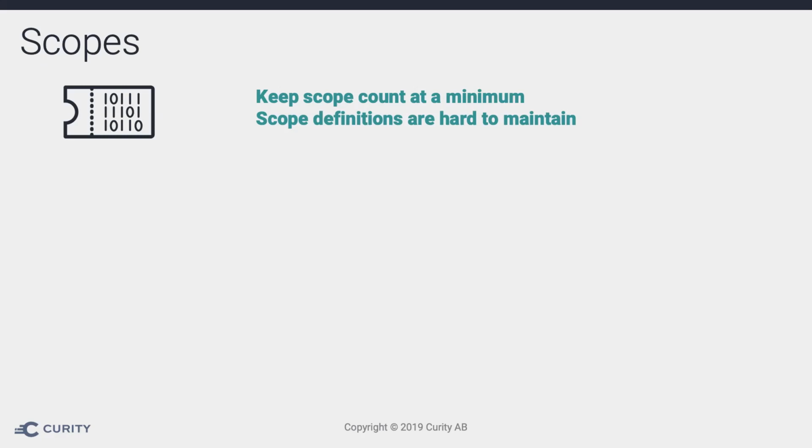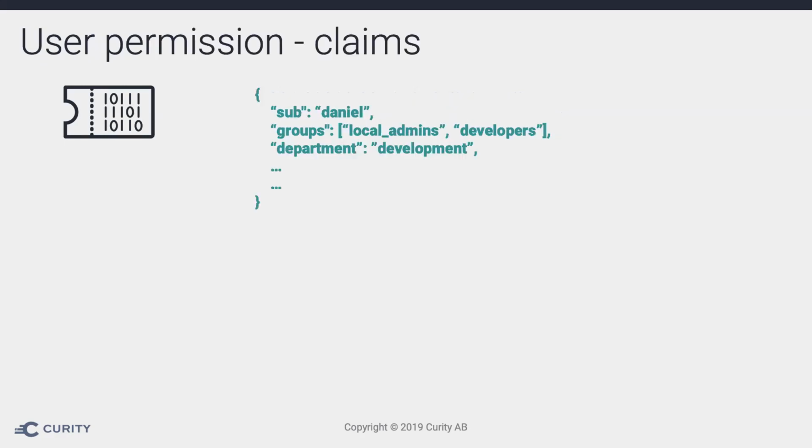So since we need a very granular access decision model, scopes is one tool and a good tool, but it can't be the full story. We need to mix in a bit of the user permissions.